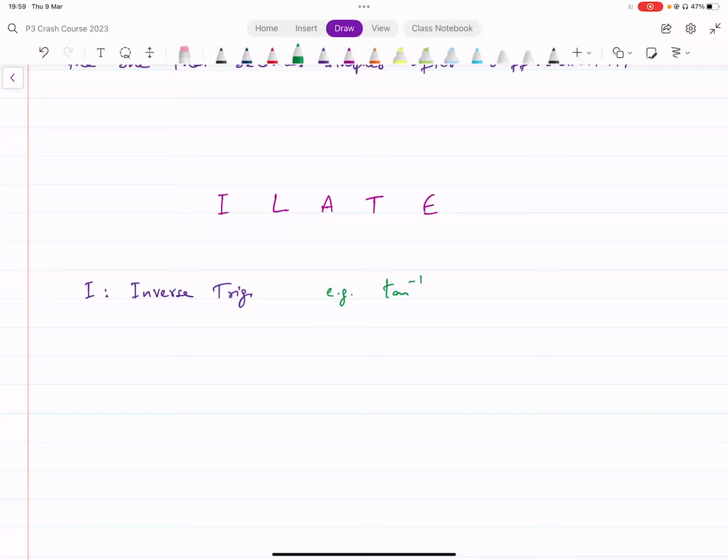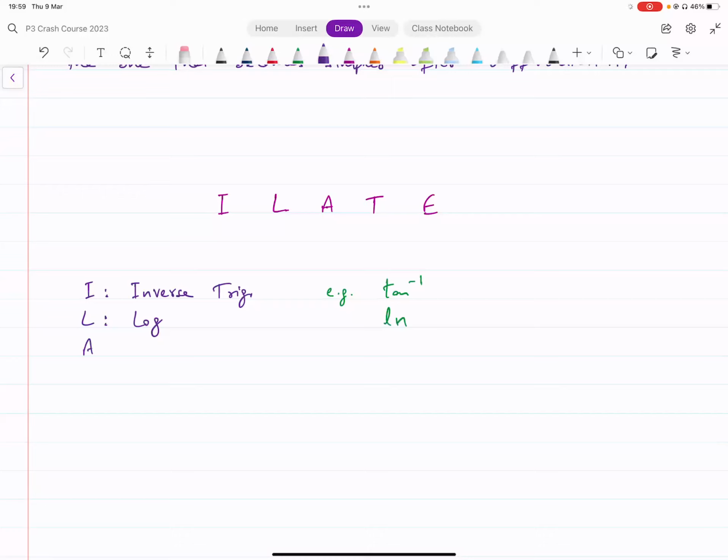Right? Inverse trig function, you only have tan inverse in your syllabus. Okay, that's I. Then you have L. L stands for log. So you could have ln here. All right, that stands for log.